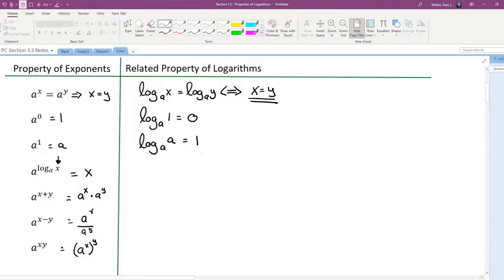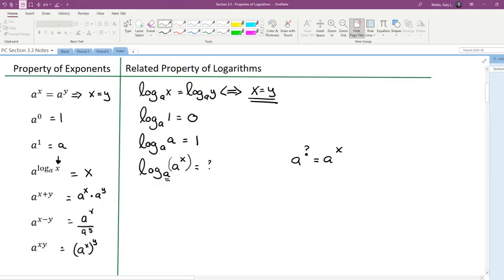All right, and then we get this one. The equivalent statement here would be if we took log base a of a to the x. Let's think about what that's asking. That's asking, a to what power equals a to the x? A to our unknown power equals what's inside the logarithm.